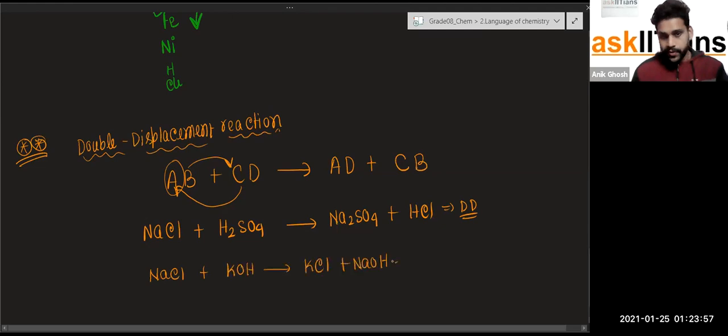So you can see that both of them are changing their positions, isn't it? So these types of reactions are called double displacement reactions. You can see sodium was originally over here with Cl. Now sodium is there with OH. So it is just going there and replacing K, and K is taking the position of Na. So this is called a double displacement reaction as well.